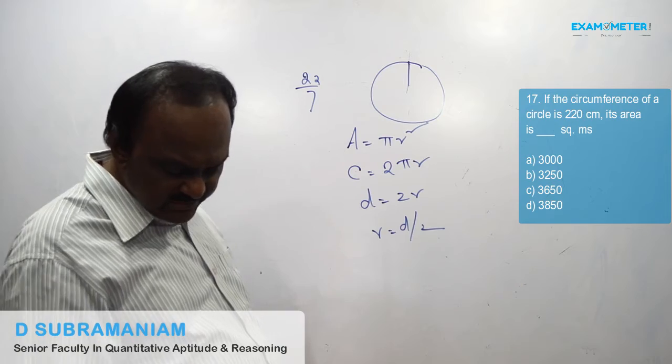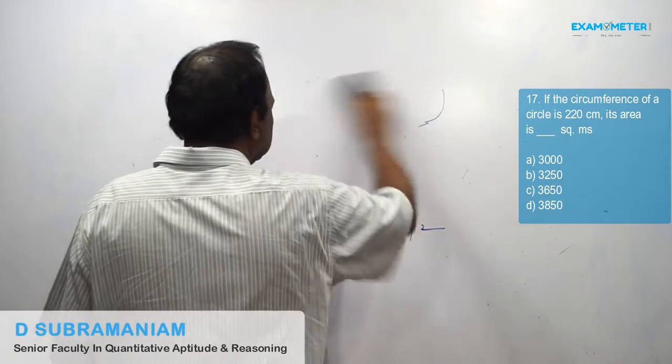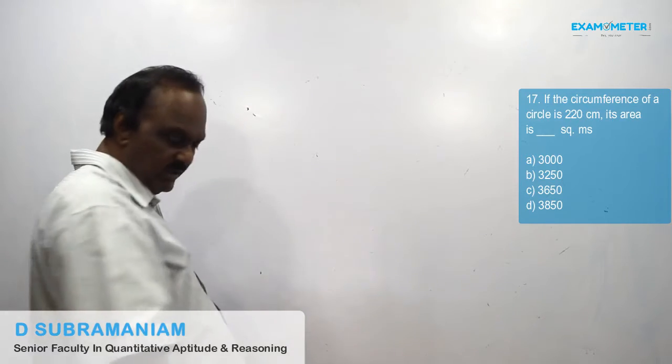Now circumference is given, we have to find out the area.